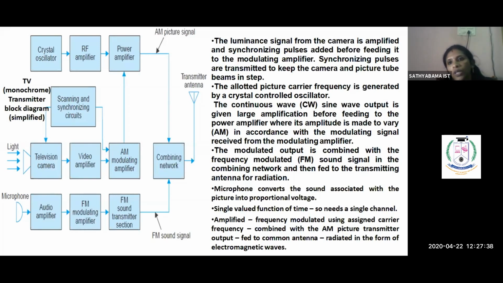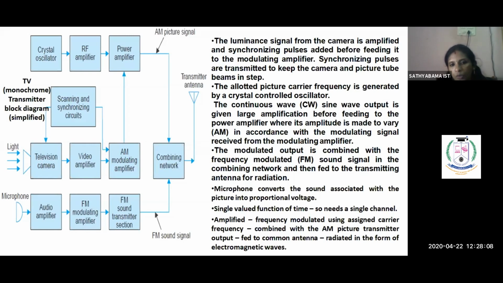You will have the amplitude modulated output, which is given to the power amplifier. Simultaneously, the voice signal is given to the audio amplifier, which amplifies the audio signal, and the audio signal is frequency modulated.